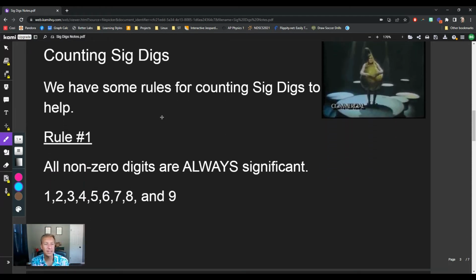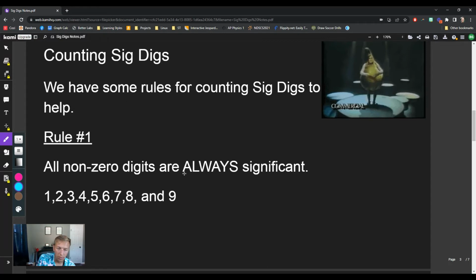All right. So counting Sig Digs, rule number 1: all non-zero digits are always significant. So if a digit in your measurement is 1, 2, 3, 4, 5, 6, 7, 8, 9, that's always significant. Anything that is not 0 is always significant.